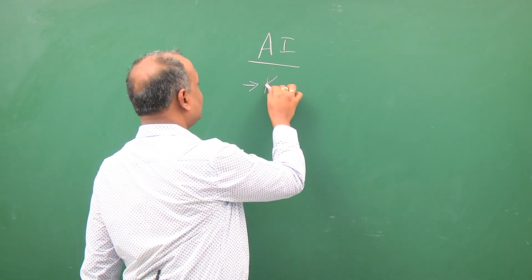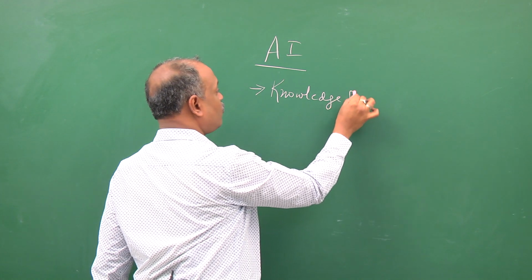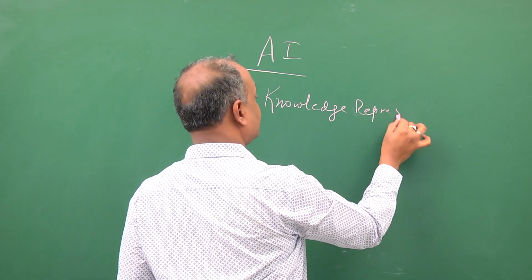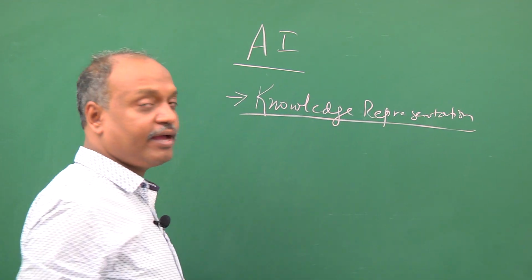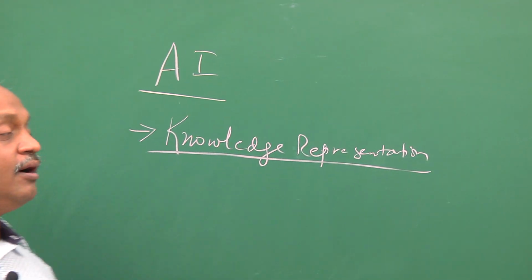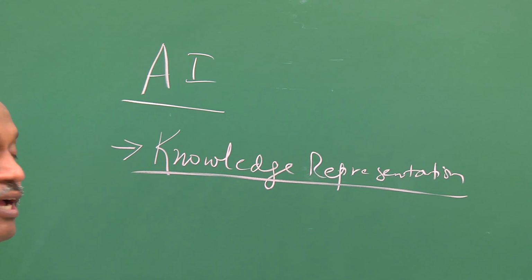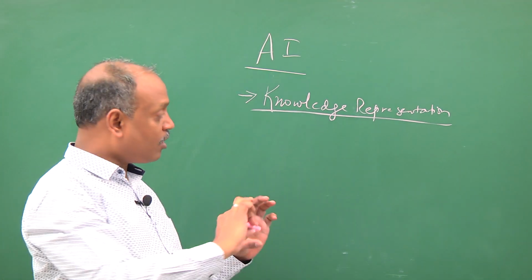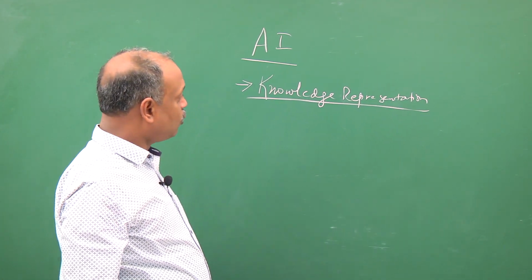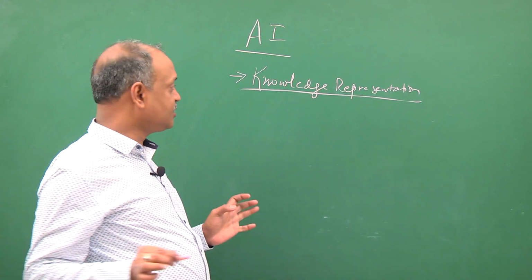So let's look at one of the most important elements, which is what we call knowledge representation. Knowledge representation is basically a facet of AI where the inherent experience or the explicit codification of the experience happens in the form of a specific knowledge which is internally represented in an AI system.